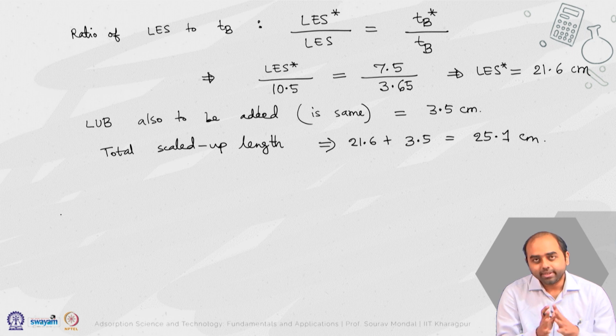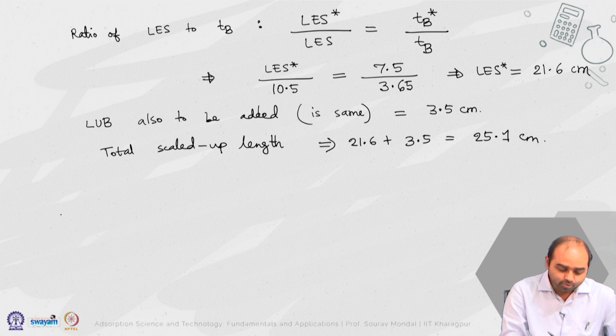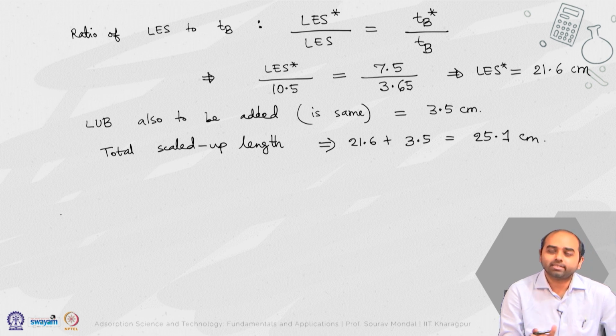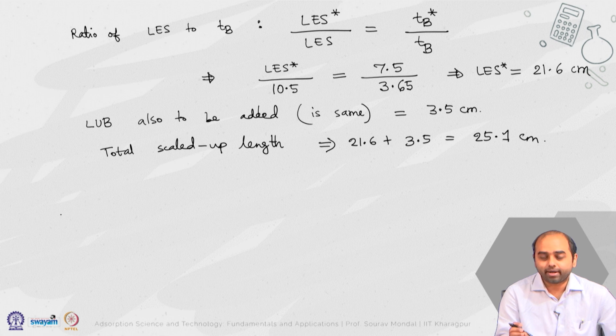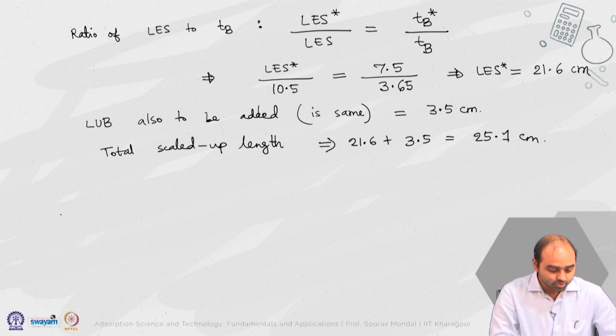So the LUB, this is an important point I am saying, is of the same length that is to be added for any scaled up system, because the LUB is essentially the portion of the unutilized part of the bed which actually takes up the portion when the breakthrough curve starts to rise.